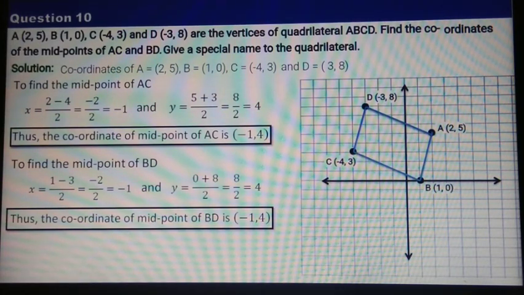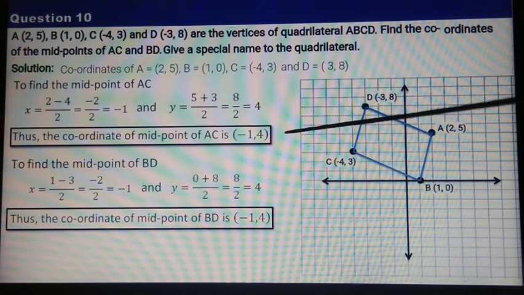That means the point of intersection of the diagonals of a parallelogram will be nothing but the midpoint of the diagonals. I repeat again, the point of intersection of the diagonals bisects the diagonals. That means the point of intersection will be the midpoint of the diagonals, right?